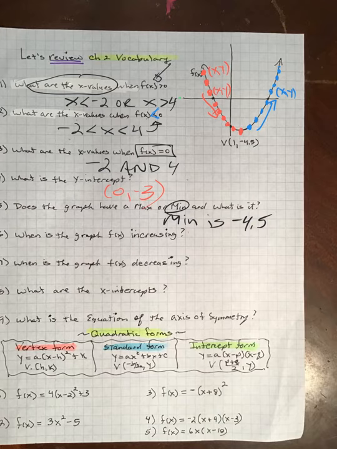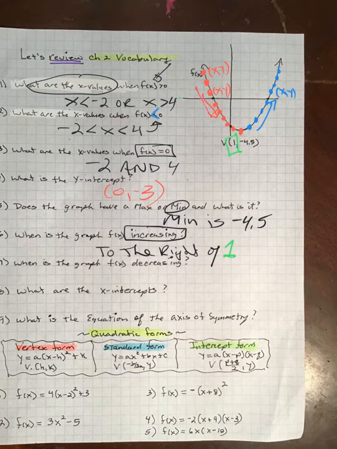So we would answer this question and say, when is it increasing? It's increasing to the right of the vertex, and so we have to say to the right of 1. So you actually have to say to the right of 1, don't say to the right of the axis of symmetry. Don't say to the right of the vertex, say to the right of 1.